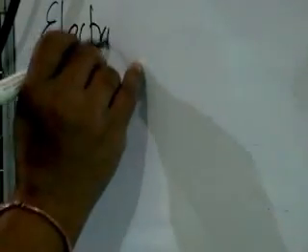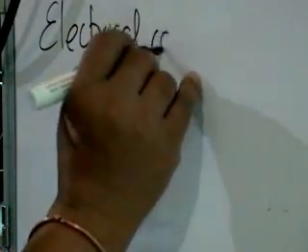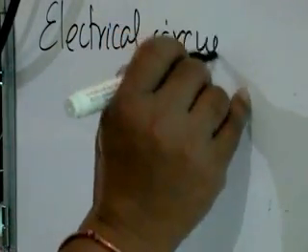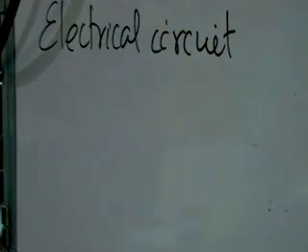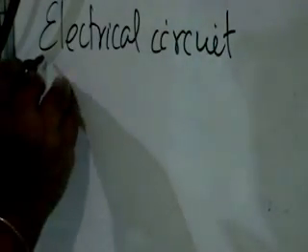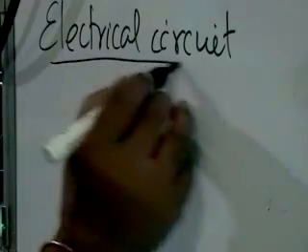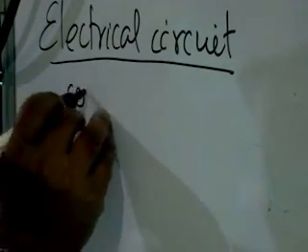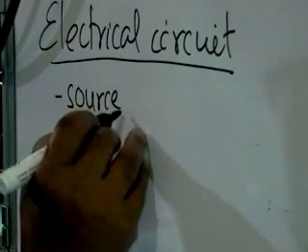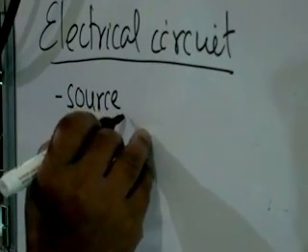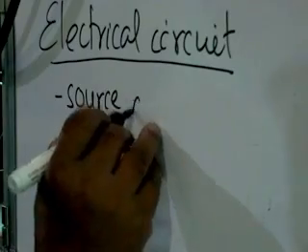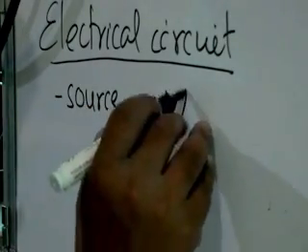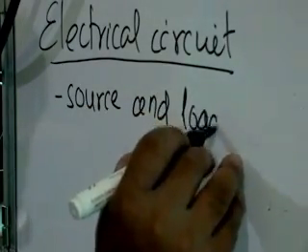An electrical circuit is one in which there are source of electricity and loads of electricity.